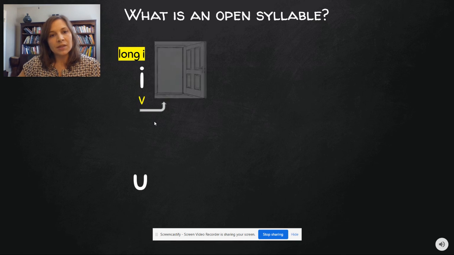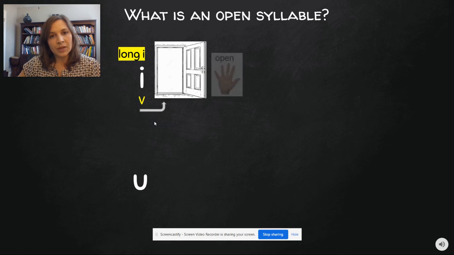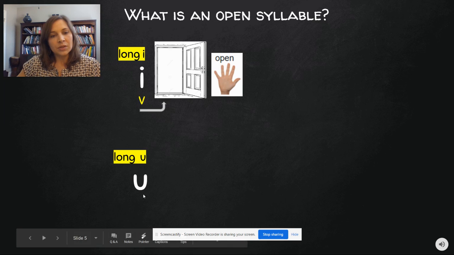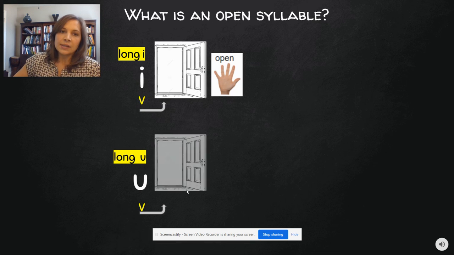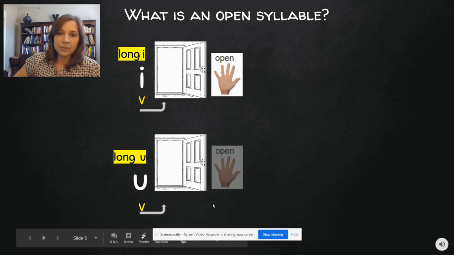You look to the right, there's nothing there, so it's open. Okay, open syllable. U. A long U can say "you," but it can also say "oo" in certain words. So we got U, and we're going to look to the right of it. There's nothing there, so that's why it's going to say a long U sound, and it's an open syllable.